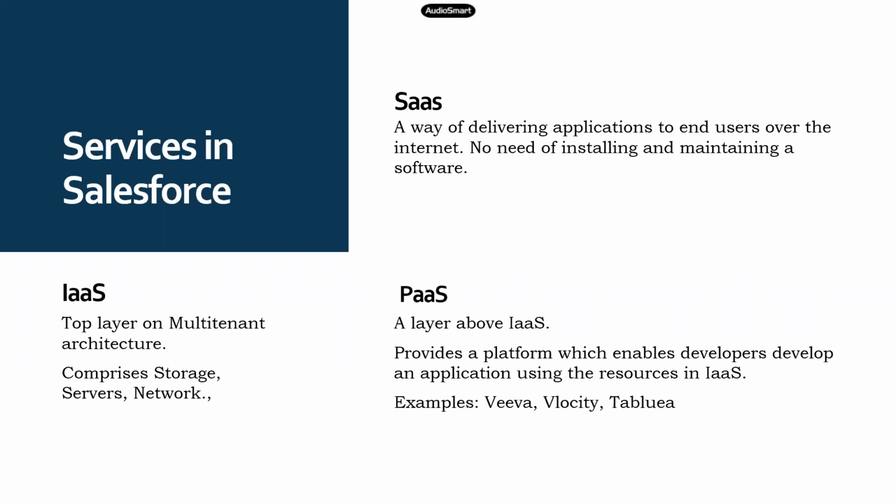For example, you need servers, network, and a lot of storage, all provided by, let's say, Salesforce. Using all those facilities, you're going to build a platform. That is called infrastructure as a service. The next layer is PaaS, platform as a service. This is the layer which Velocity has used. So what exactly is this?